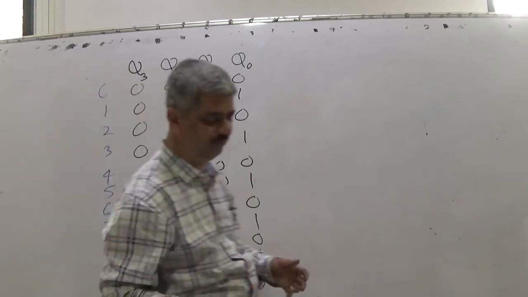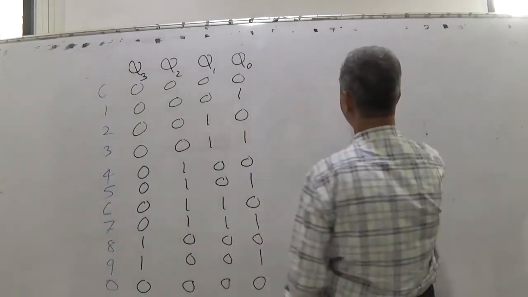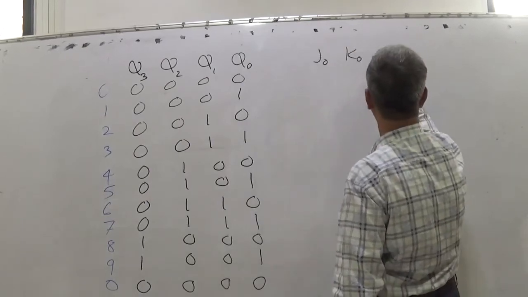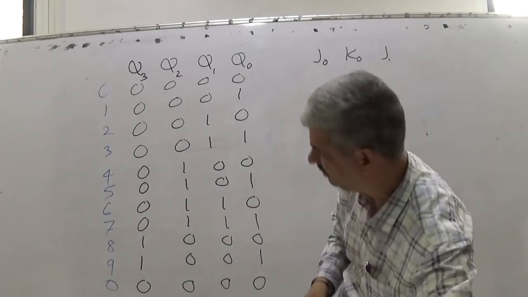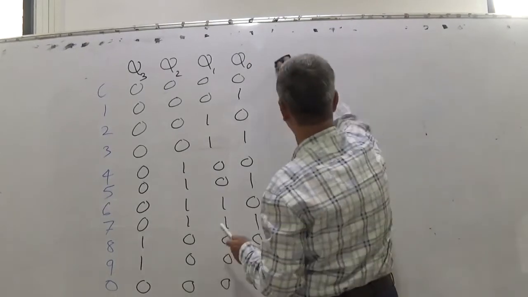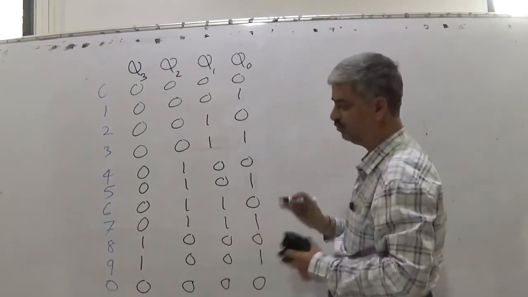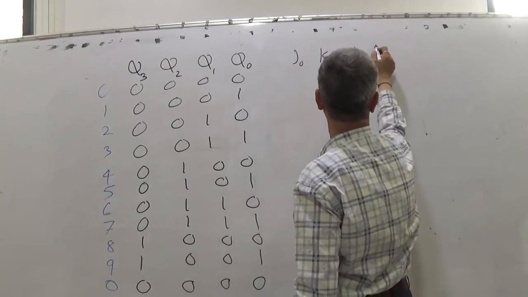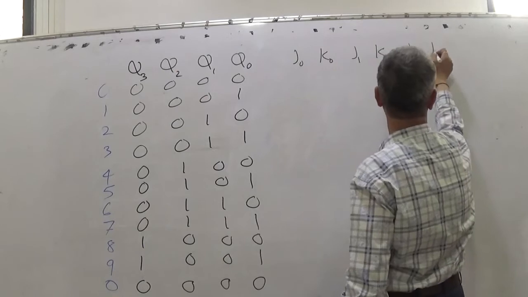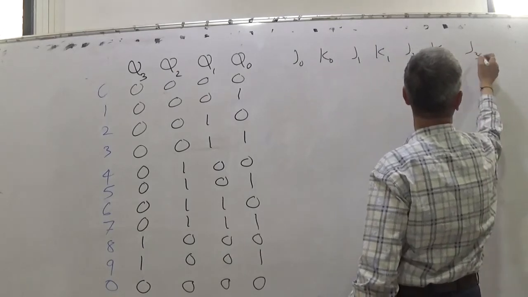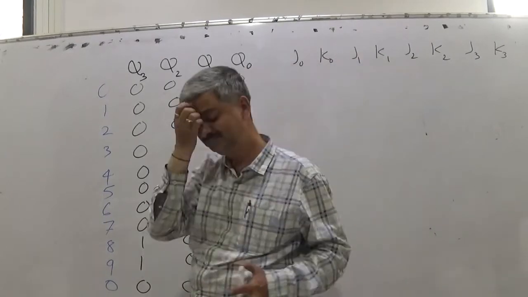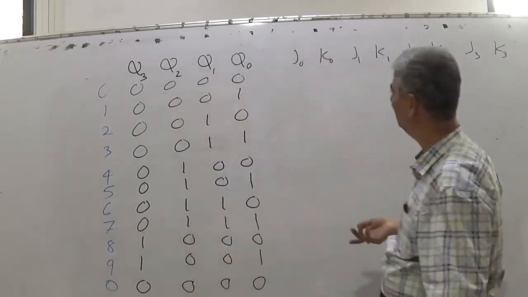So now we have to design J0, K0, J1, so all four. So it needs 4 flip-flops. So how should I get J0 K0, J1 K1, J2 K2, J3 K3? So how should we go for it? There is a very simple way.